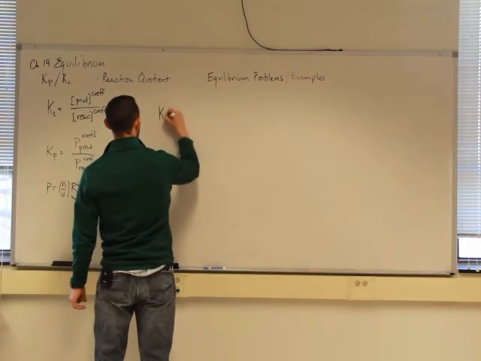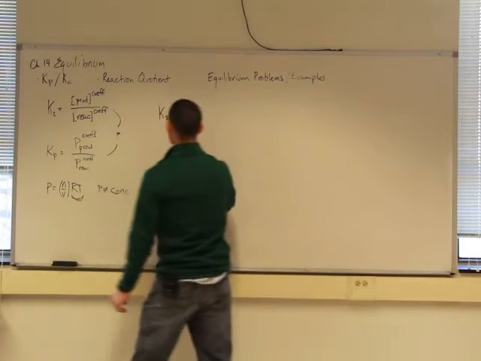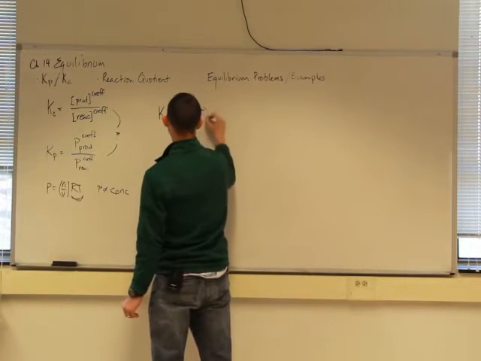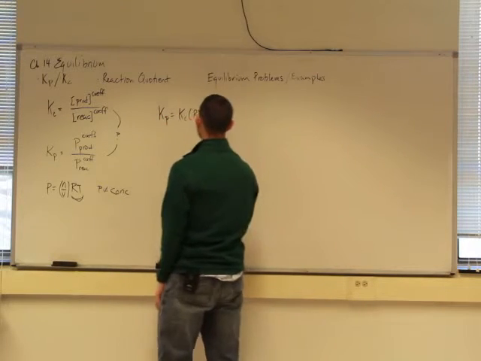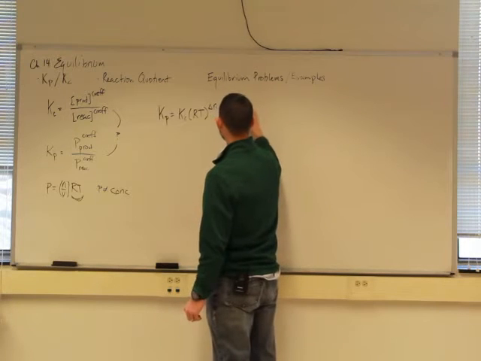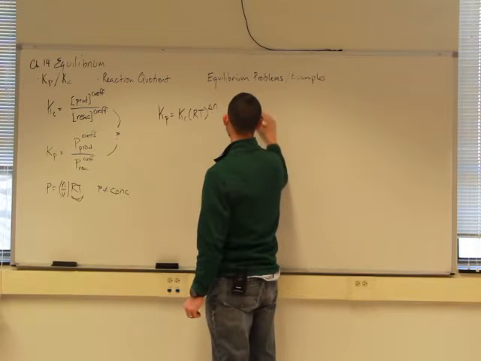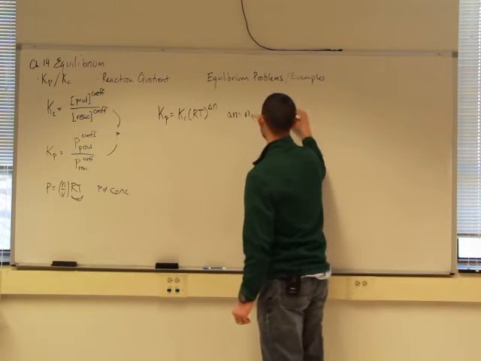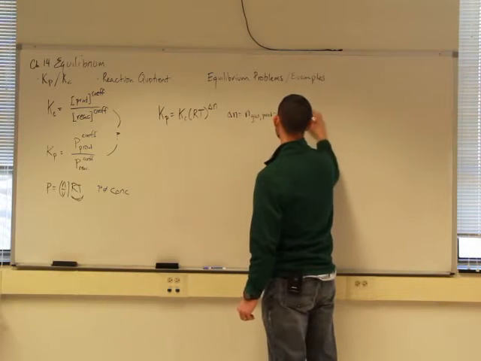And so it's quite simple. The pressure-based equilibrium constant is the concentration-based equilibrium constant times RT raised to an exponent delta n. This delta n is the difference in the moles of gas between the product and reactant side of your reaction.